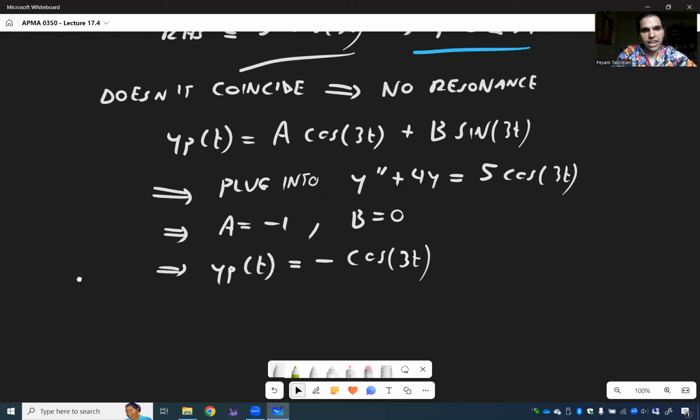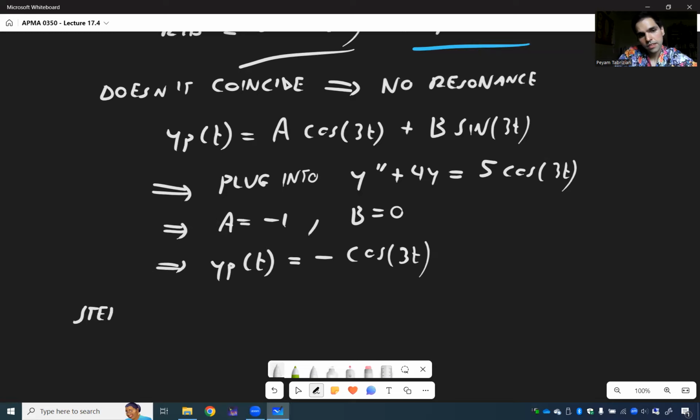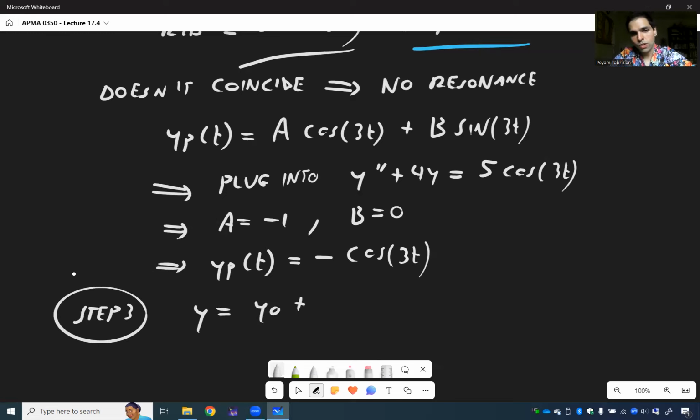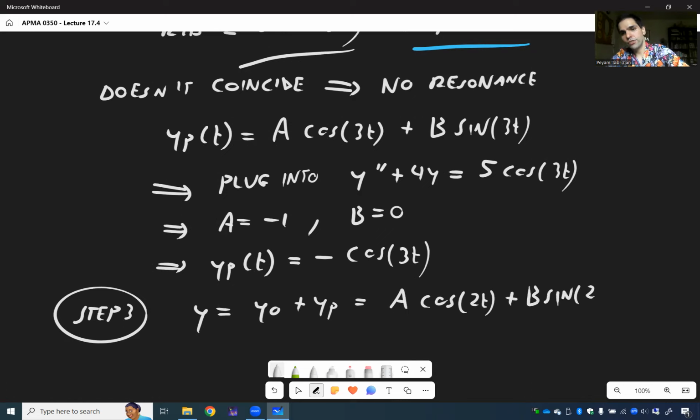And then the general solution y is y0 plus yp, which is a cosine of 2t plus b sine of 2t minus cosine of 3t.